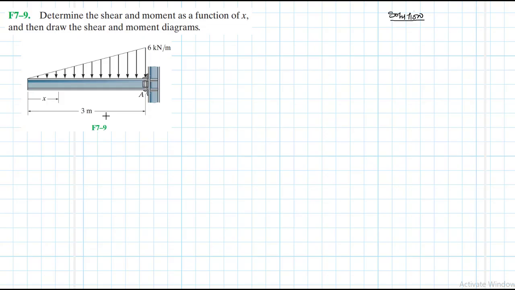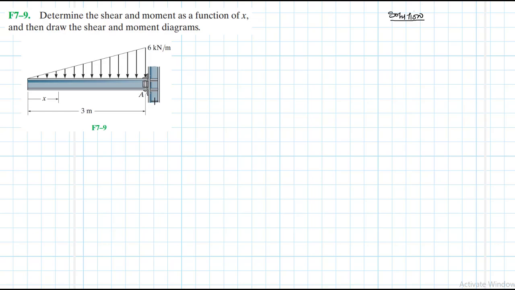We have a cantilever beam. At A is a fixed support. Therefore, we expect a moment reaction, a horizontal reaction, and a vertical reaction. The cantilever beam is loaded with a triangular distributed load, which has a maximum value of 6 kilonewtons per meter.